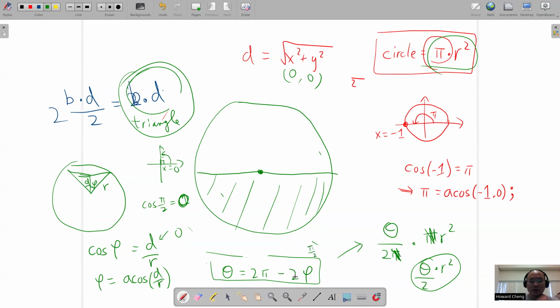So pi over 2 times 2 is just pi. So this becomes pi. 2 pi minus pi is pi. So altogether, when we plug in this formula, it's pi r squared over 2, which is basically saying it's half the circle, which is exactly what we have.